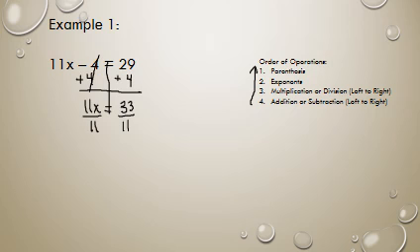11 divided by 11 gives us 1, which is the number that we want in front of the x. And then 33 divided by 11 gives us 3. And so as we remember from yesterday, we always can check our answers to make sure they are right. So our original problem was 11x minus 4 equals 29.